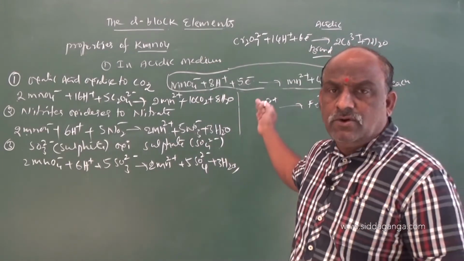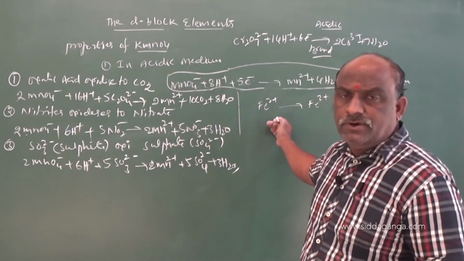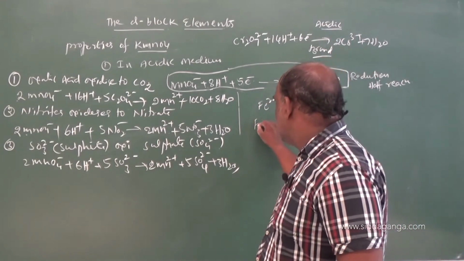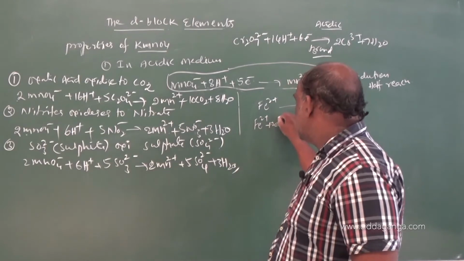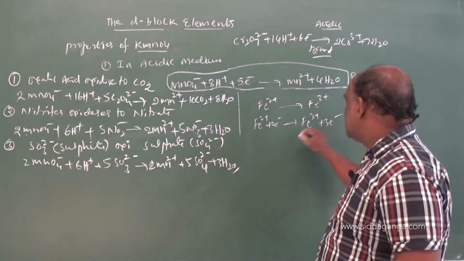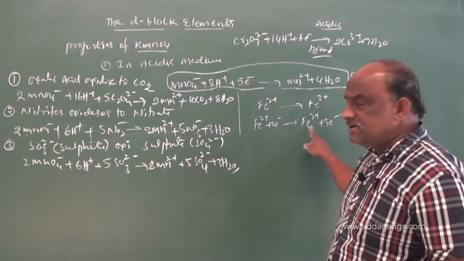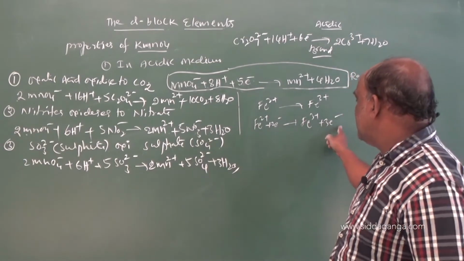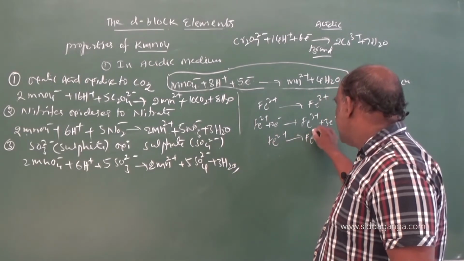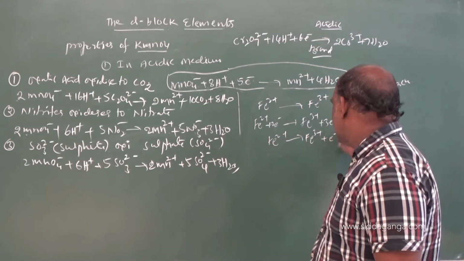Here there are no hydrogen atoms and no oxygen atoms, so no need to worry; we only have to balance the charge. Fe2 plus gives rise to Fe3 plus plus one electron.